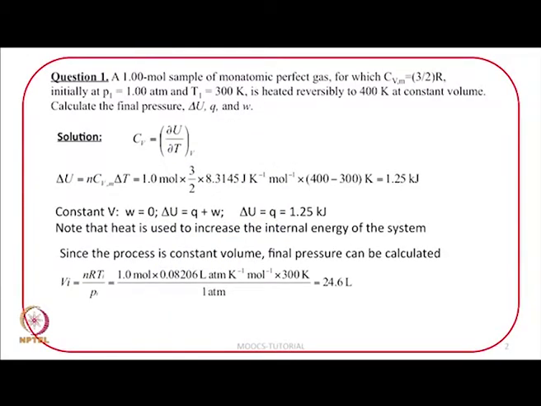N is 1 mole, and here I will use R in the units of liter atmosphere Kelvin inverse mole inverse, because the pressure given to me is in atmosphere. So, after substitution we get an initial volume of 24.6 liter.